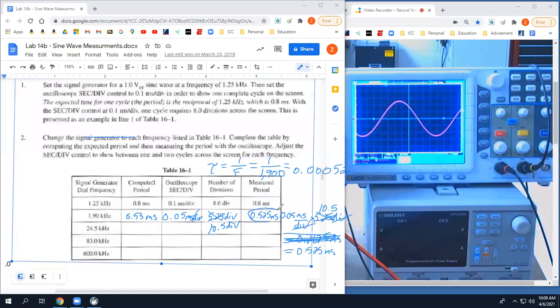You see how this number and this number kind of jive? So in one case, we're using math to compute the period. And in this case, we're using the oscilloscope to measure the period. Make sense?